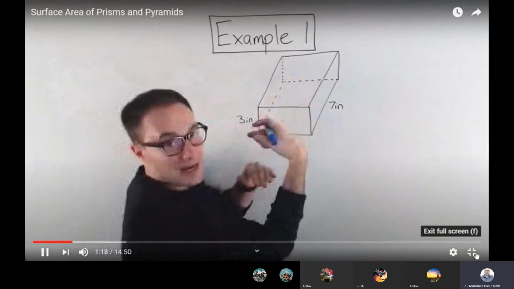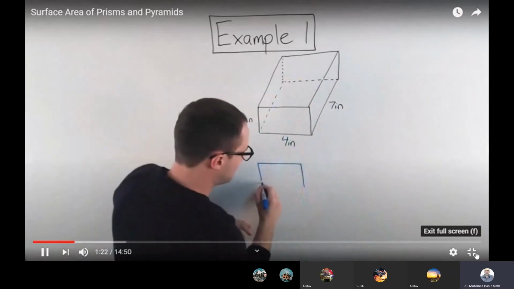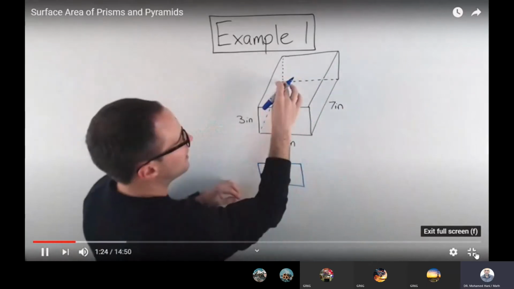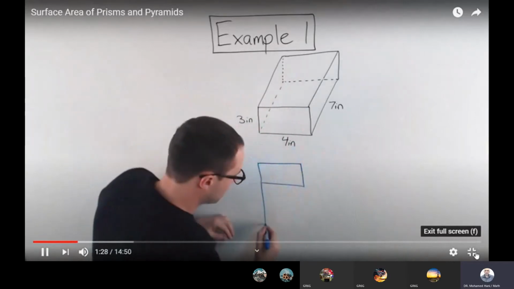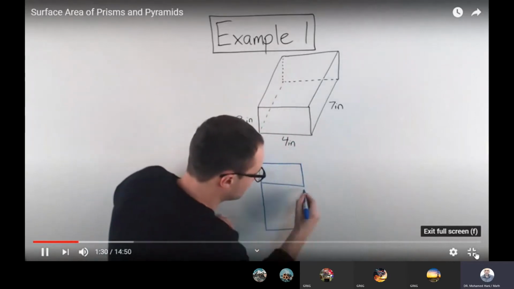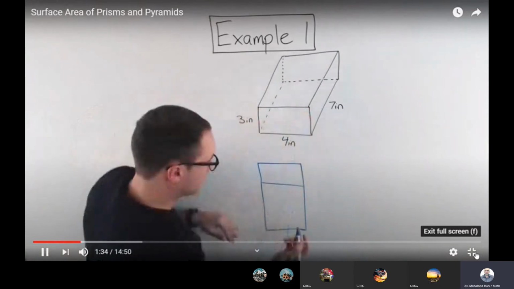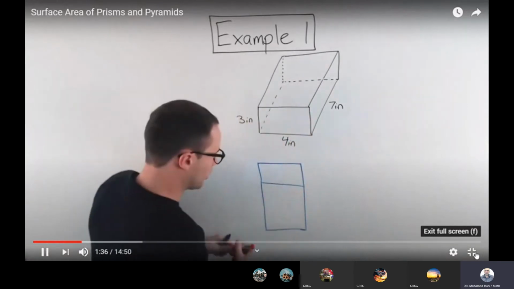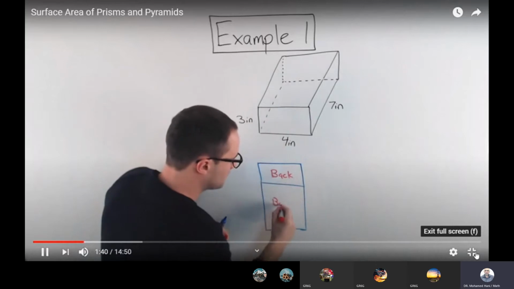I'm just going to fold down this back. So that'll be like that. Then I still have this very bottom that's connected. There's my bottom. I'm going to fold down this front. Maybe I'll make a little note: this was the back, that was the bottom.